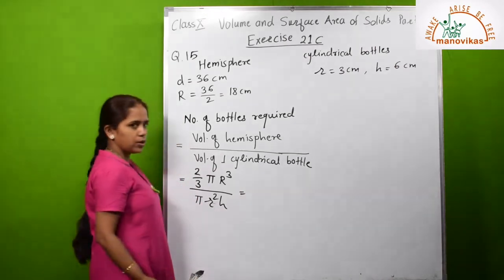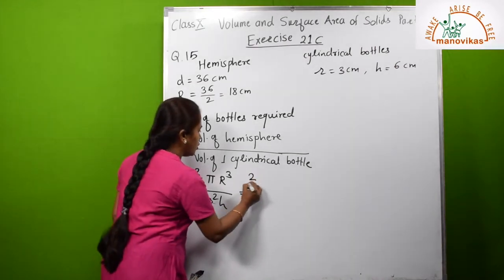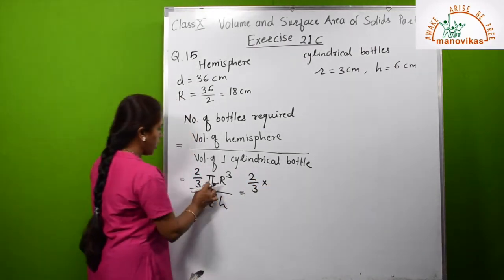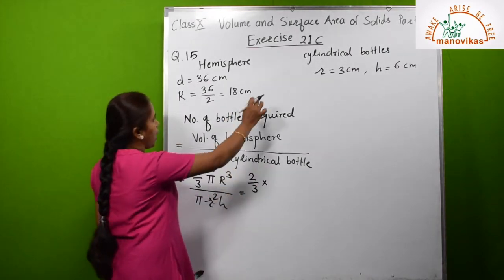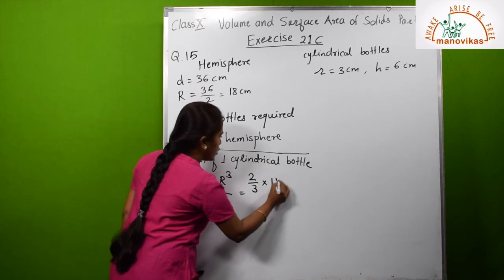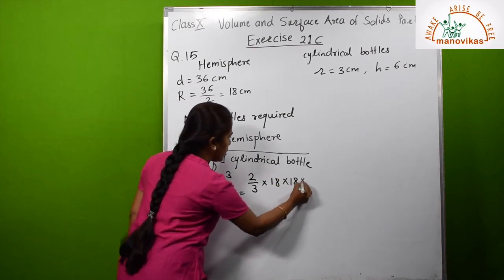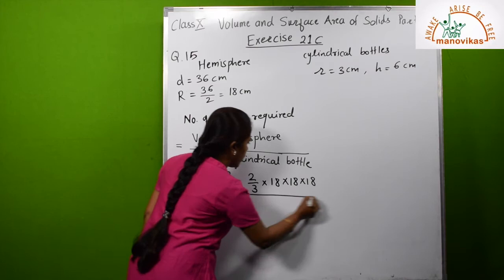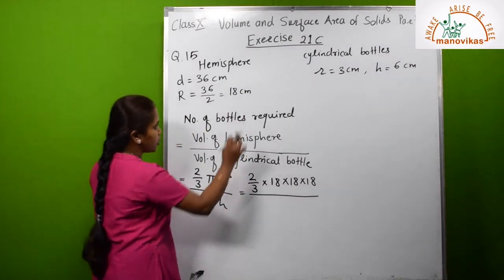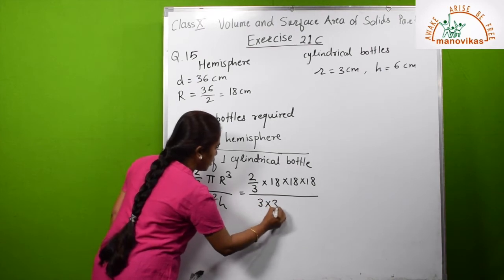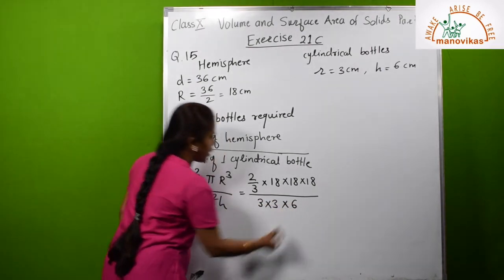If you substitute the values here, then 2/3 into, again pi values get cancelled, r cube, r value is 18, so 18 into 18 into 18, divided by, pi value get cancelled, r square, that is 3 into 3, h is 6.